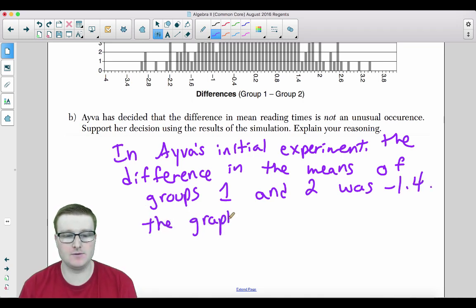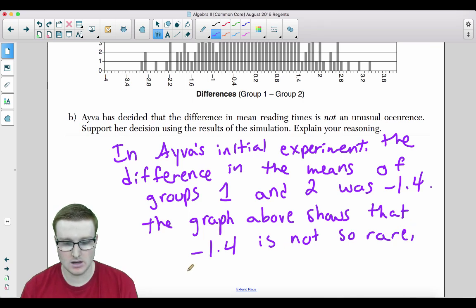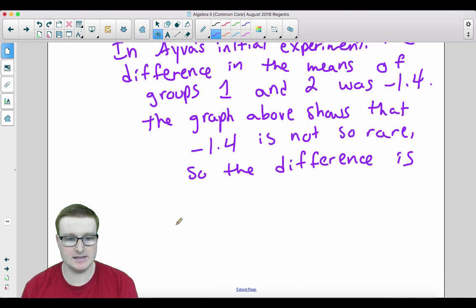The graph above shows that negative 1.4 is not so rare. So the difference is not an unusual occurrence.